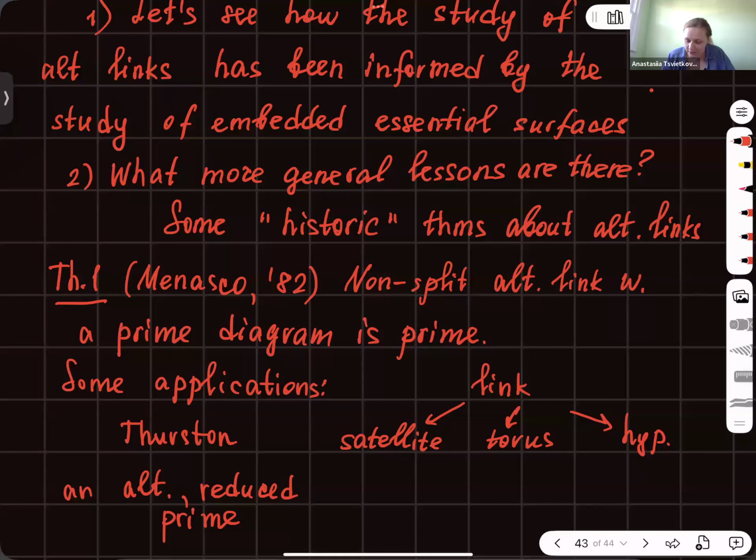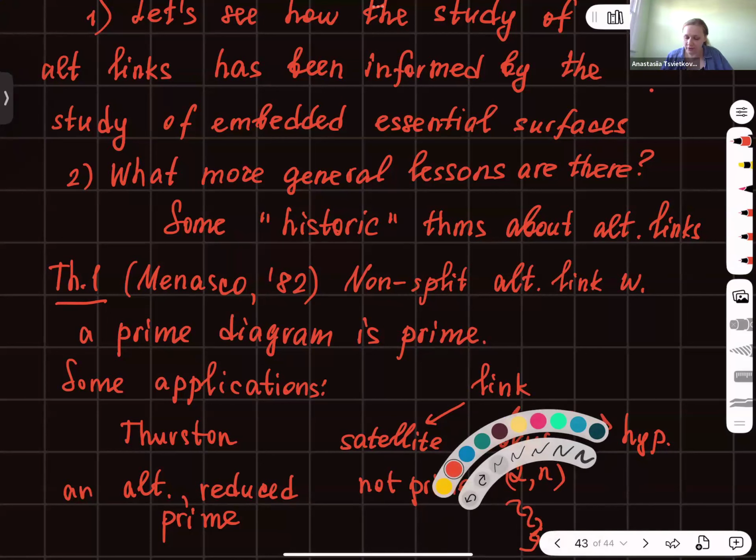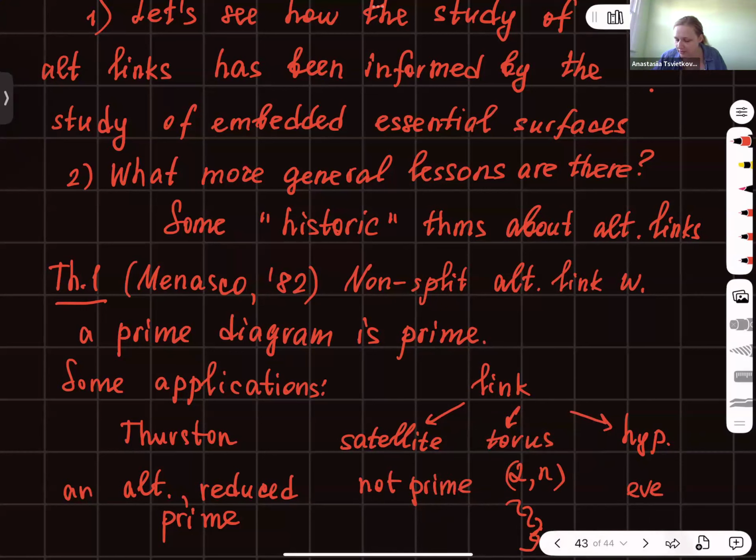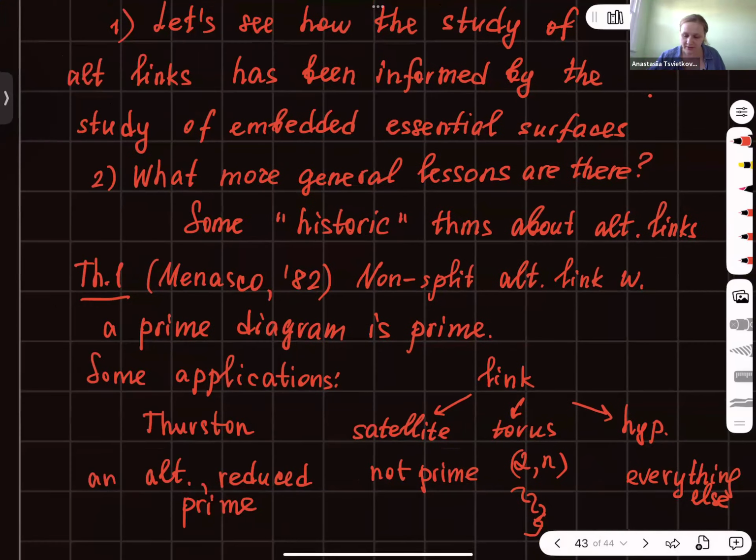For satellites, the diagram will not be prime. So very quickly you knew, okay, this is not that, just by looking at an alternating diagram. For torus links, it must be a 2n torus link. These diagrams are very special. They look like this, and you just wind n times around the torus. And whenever your diagram looked prime, was alternating, and was not a diagram of a 2n torus link, it had to be hyperbolic. Everything else really fell here. So just from an alternating prime diagram, you could immediately see if the link is hyperbolic or not.